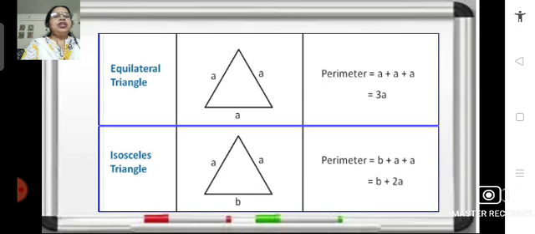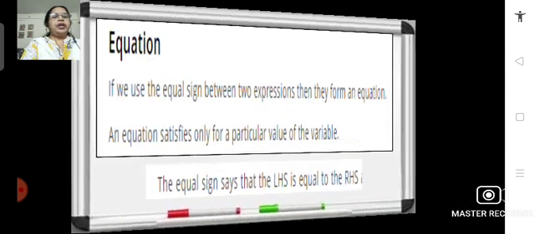We make 3 into a, because all the sides are equal. That is the perimeter of an equilateral triangle. And for an isosceles triangle, two sides are equal, so the perimeter is b plus 2a, where a is the two equal sides and b is the third side. So perimeter of an isosceles triangle is b plus 2a.